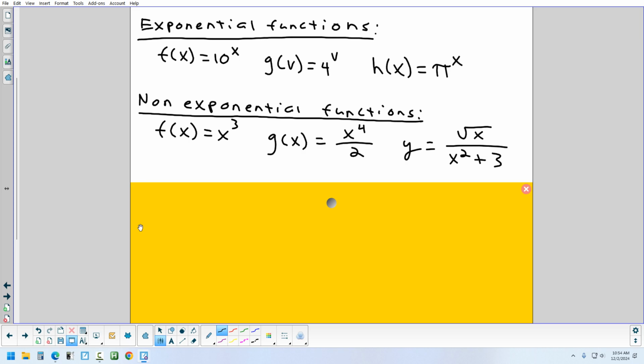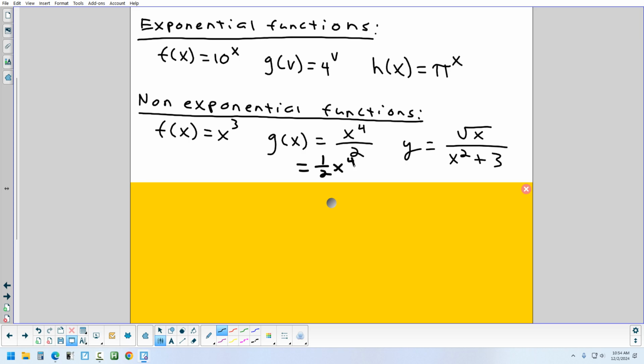The first one is a polynomial, x to the third power. The second one is also a polynomial. You could think of it like this: 1/2 x to the fourth. It's got a base that's a variable, and it has an exponent that is a non-negative integer. The third one, well, that's kind of a mixture of different things.